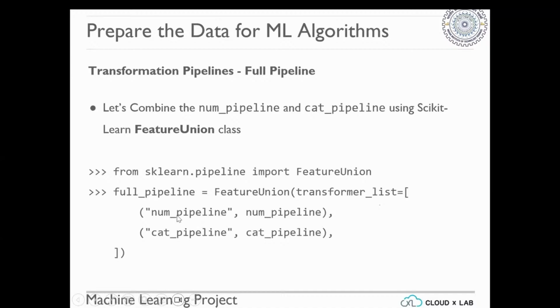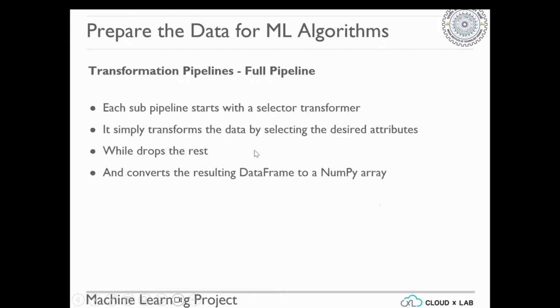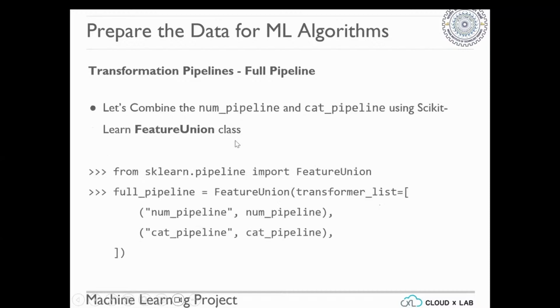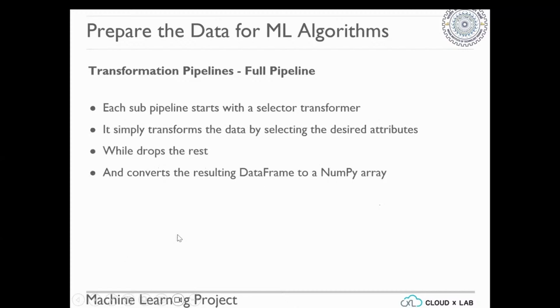Because here in the first pipeline we are only using numerical attributes. In the other pipeline we are only using the categorical attributes, right? So it will drop other attributes, because in the first pipeline we only need numerical attributes. For the other pipeline, the second pipeline, we only need categorical attributes, right?